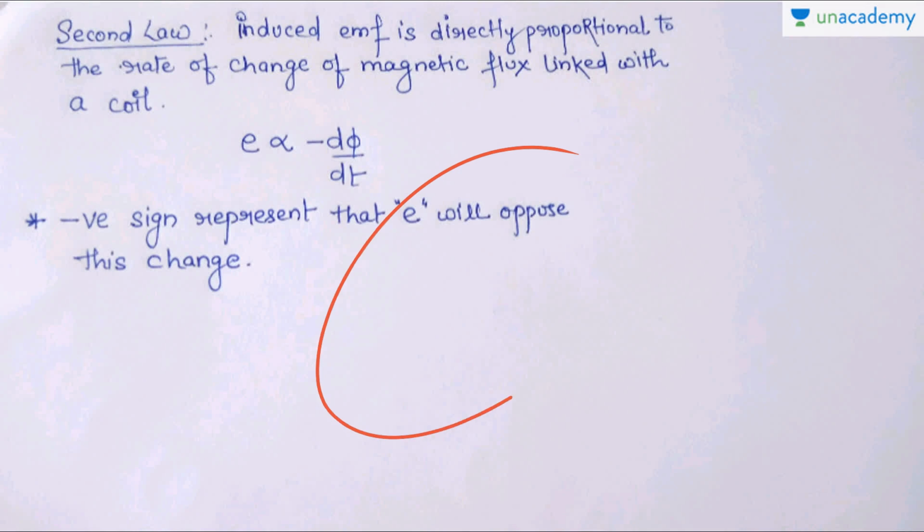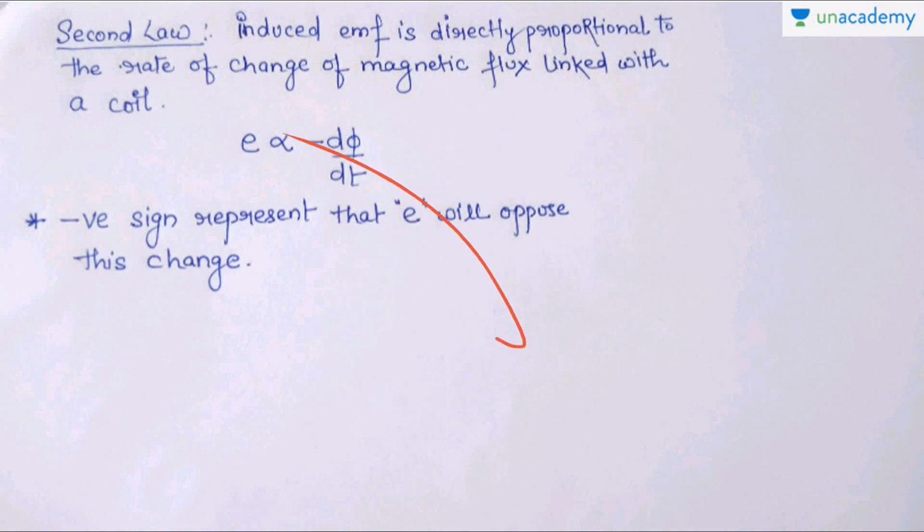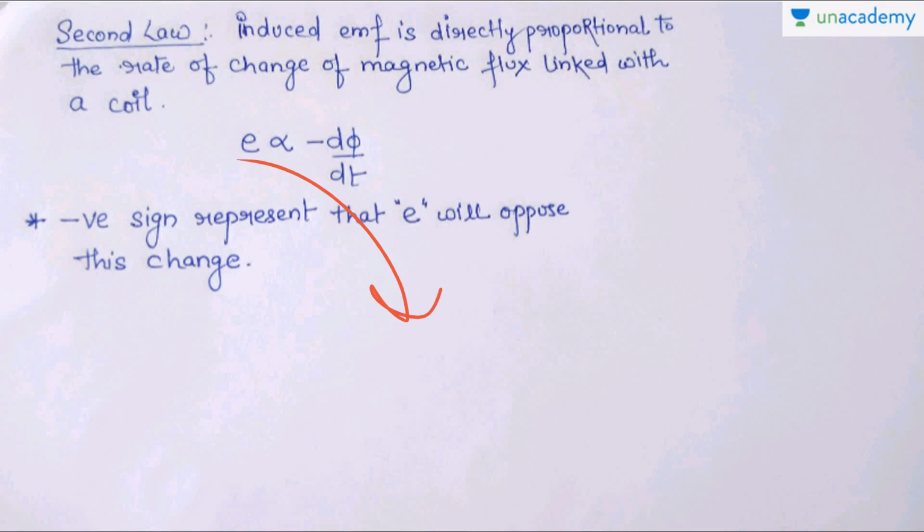So whenever there is a coil and the magnetic flux linked with this coil changes, then its rate will give you the magnitude of the EMF produced in that coil. Can you understand this? If the magnetic flux linked with a coil changes, then its rate will give you the magnitude of the EMF.